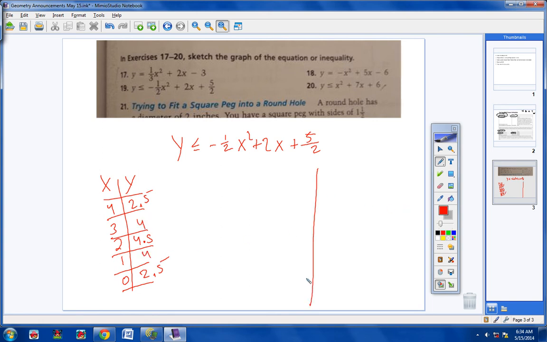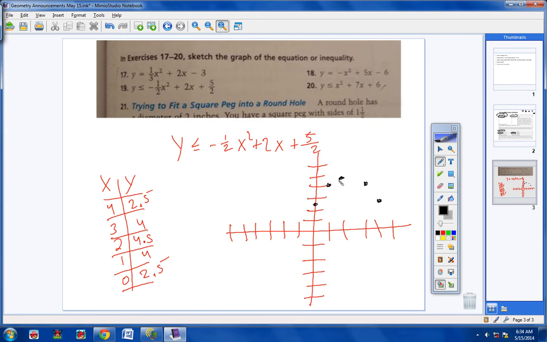Now, when you go to graph this, there's a couple of things you need to see. Everything is the same so far, nothing's changed, okay? So you go ahead and graph it. So you would be at 4, 2.5, 3 would be at 4, 2 would be at 4.5, and then back down to here, I believe, and then here.